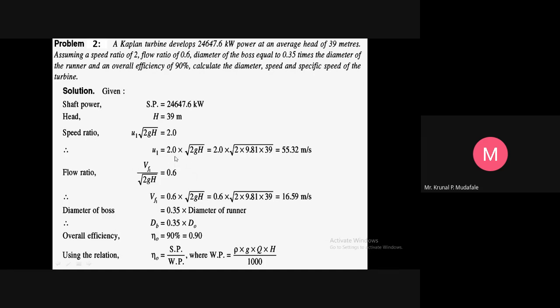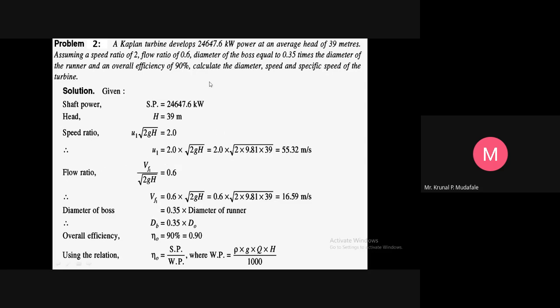Obviously this coefficient is less than 1 or unity, right? If the coefficient is 1, that means it is a 100% ideal condition. So this is what the speed ratio and the flow ratio mean: the flow velocity and the peripheral velocity at the actual condition, right? The actual condition means less than 100%. So that is not 100%. That's why they give us the ratio for that.